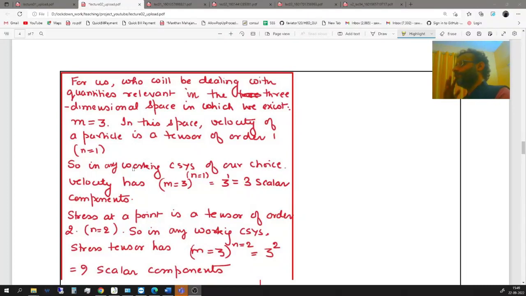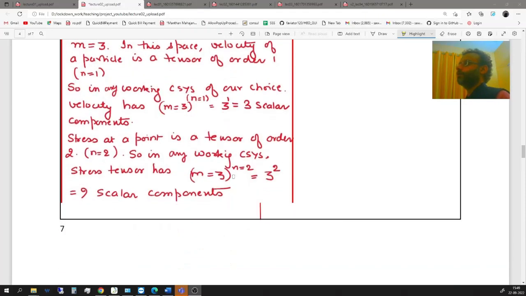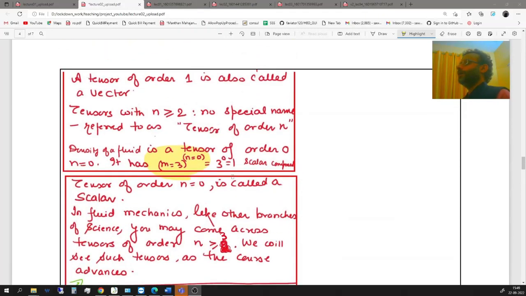Another example of a tensor is the stress at a point, and this quantity is a tensor of order 2, with n being equal to 2. So in any working coordinate system, a stress tensor will have 3 raised to the power 2, that is 9, scalar components. A tensor of order 1 is also called a vector. However, for tensors with order greater than or equal to 2, there is no special name.